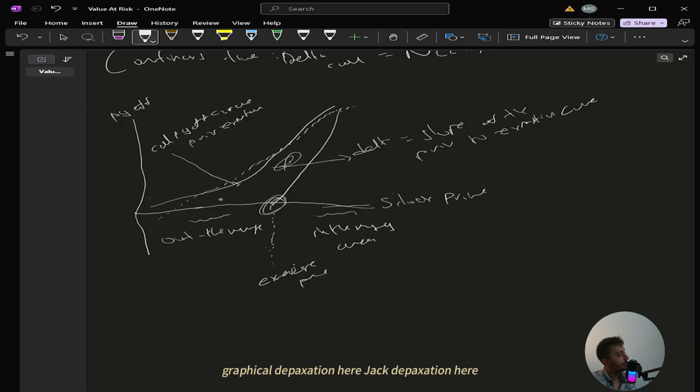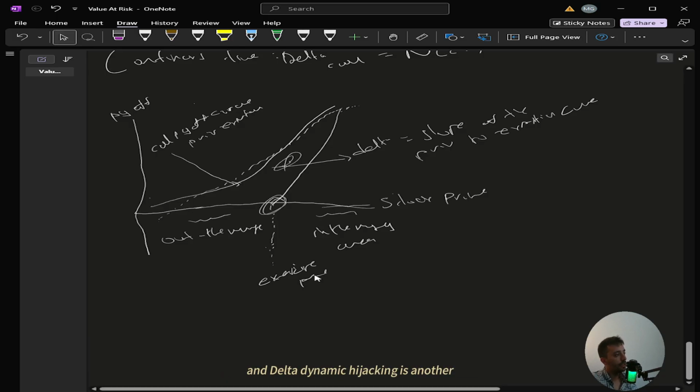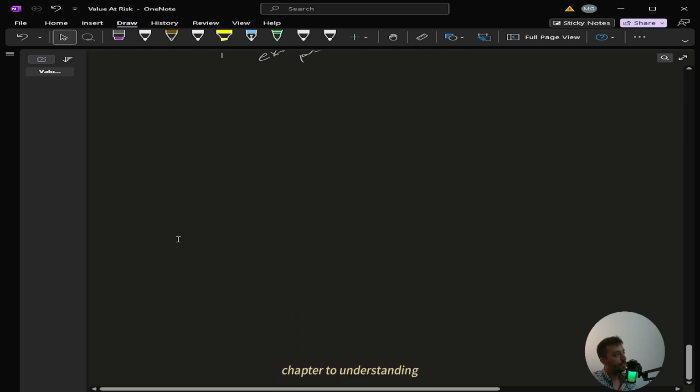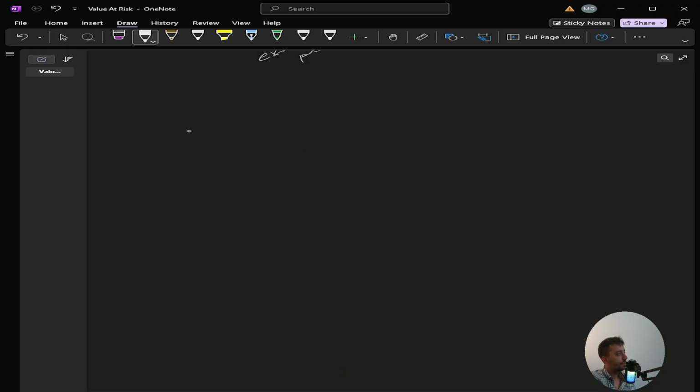Delta and dynamic hedging is another chapter for understanding this better. For small changes in stock price, this is our symbol.